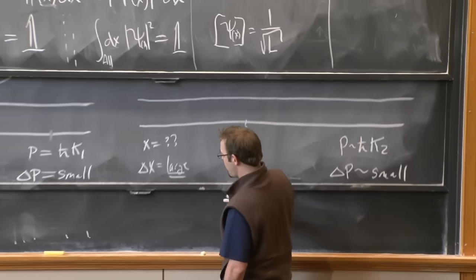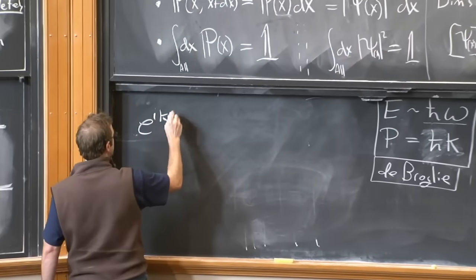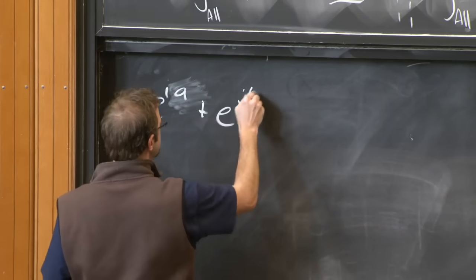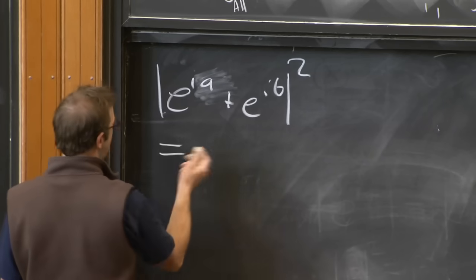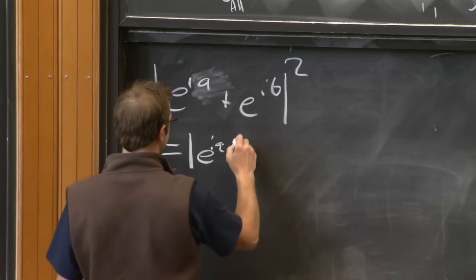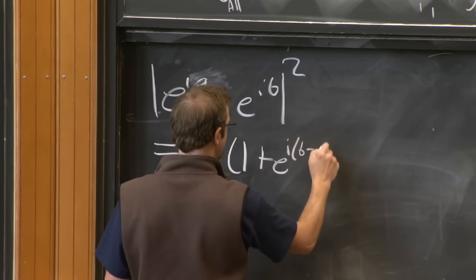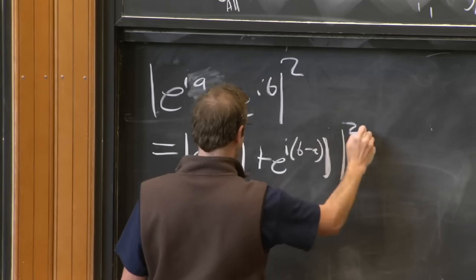When we take e to the i k1 x plus e to the i k2 x, let me write this slightly differently: e to the i a plus e to the i b, and take its norm squared. I'm going to write this in a slightly more suggestive way: the norm squared of e to the i a times 1 plus e to the i (b minus a).